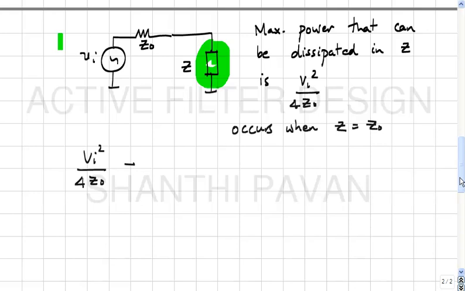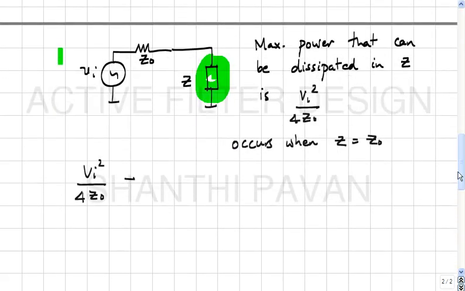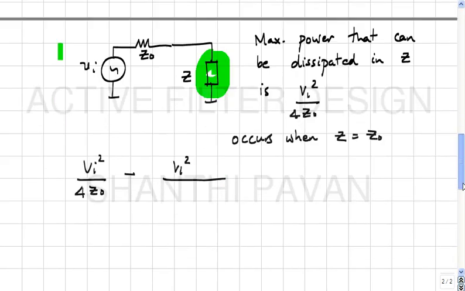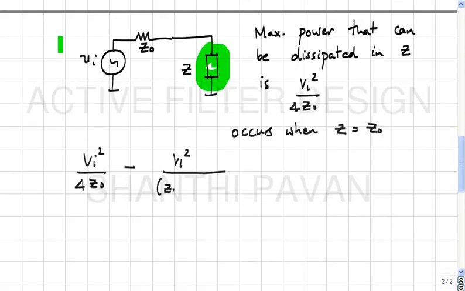What we found is Vi square by mod Z0 plus Zin, let me call this Zin, whole square times real part of Zin.